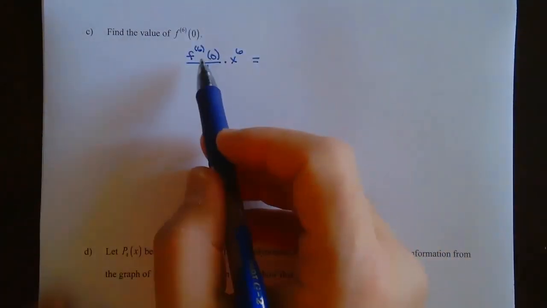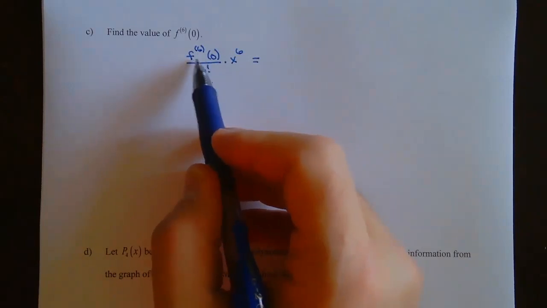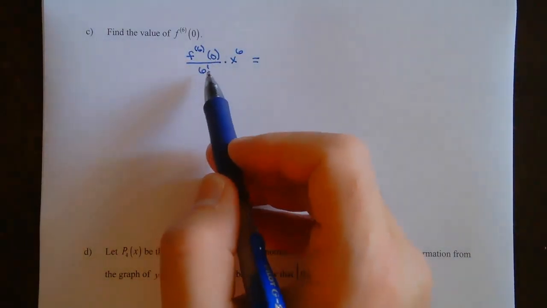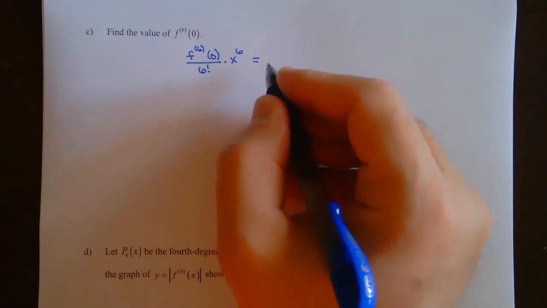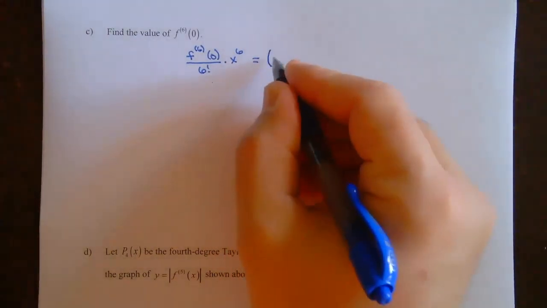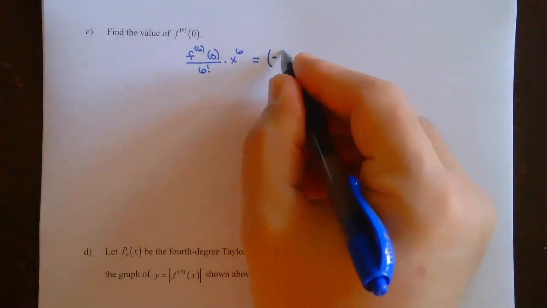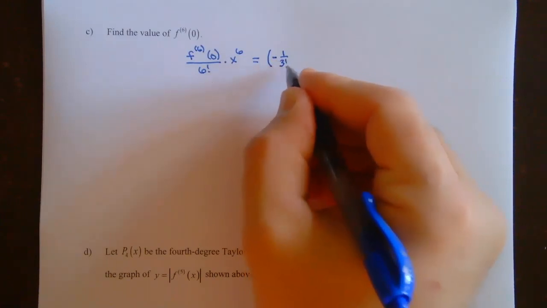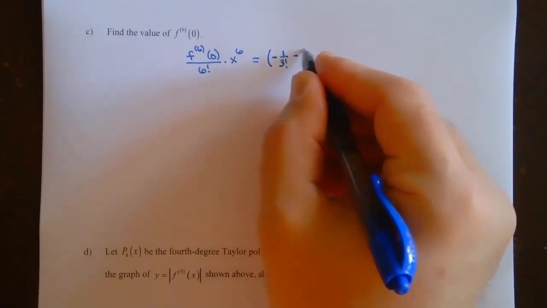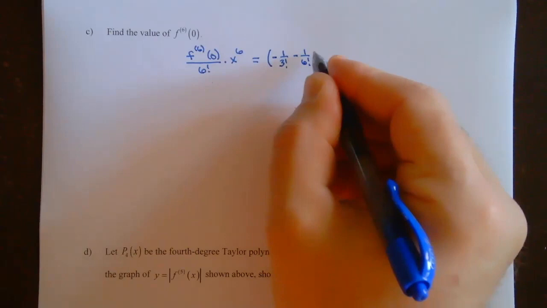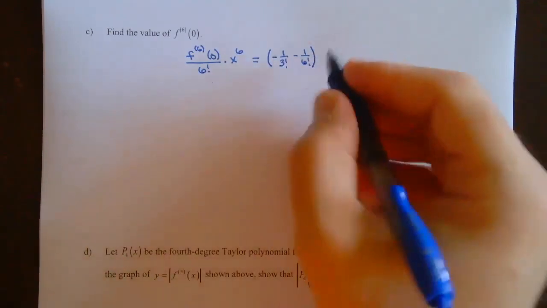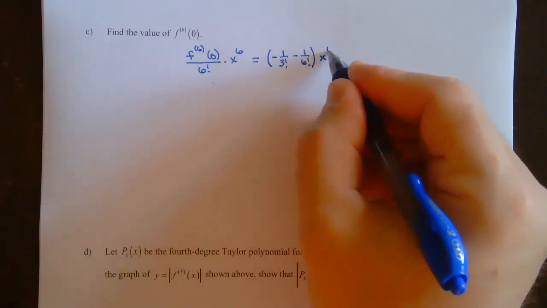So I know that the 6th derivative of f at 0 over 6 factorial is equivalent to, and I'm going to use parentheses here, negative 1 over 3 factorial minus 1 over 6 factorial. Okay, that's the coefficient, and then times x to the 6th.